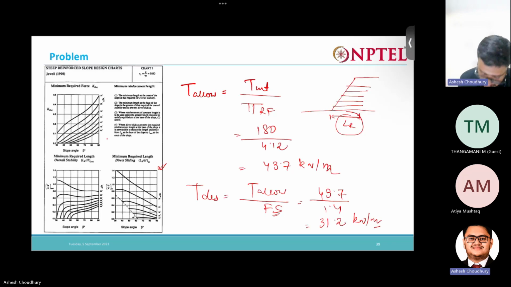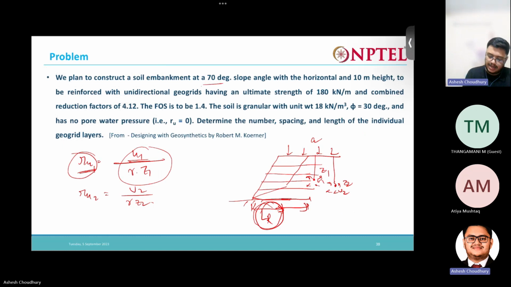Now we need to use the charts to determine the different things. For beta, in our case, beta is the slope angle, which is 70 degrees.